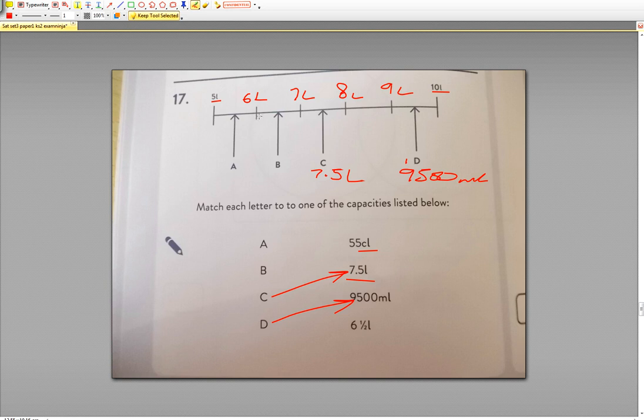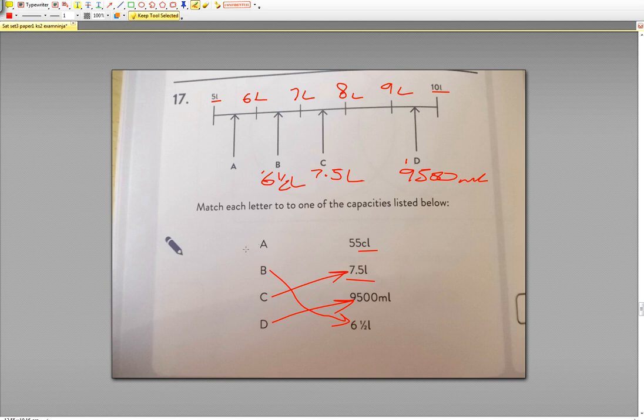Now between 6 liters and 7 liters we have 6.5 liters. So that's going to be B. If you just follow me on the lines. Are you following this on the lines, or are you just playing with the pencil? Okay, now which one?